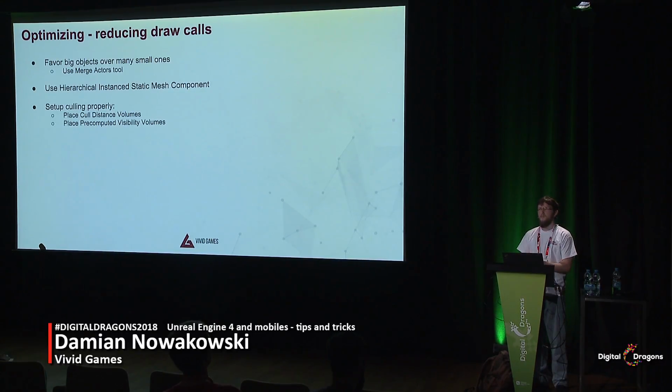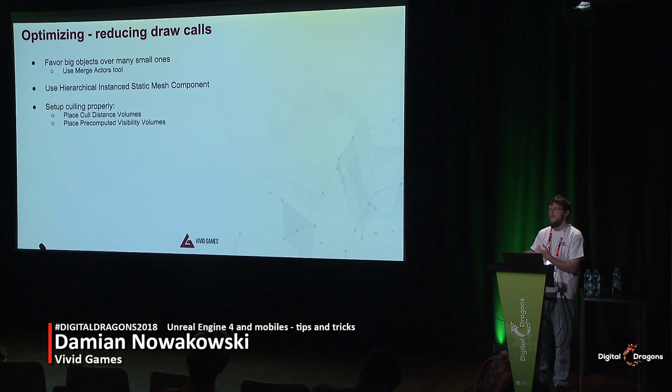Then there are the precomputed visibility volumes, which precompute which of the objects are visible and which are not, for example, which is behind another object, and then apply it. And the 4th step is hardware occlusion culling, which, as far as I know, is not available on mobile because it's too expensive. So frustum culling is kind of free, you always have it, but if you want to have distance culling and the precomputed visibility volumes, you have to set up your volumes properly.